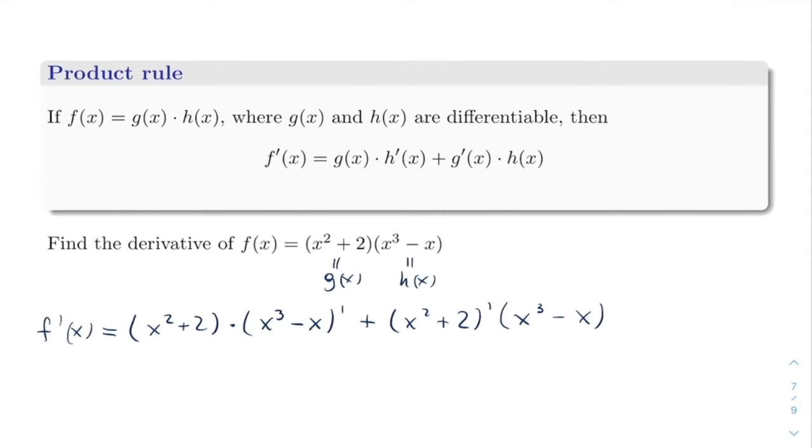And now we can calculate these new derivatives, both the derivative of x cubed minus x and the derivative of x squared plus 2, using the formulas we learned from the previous video.